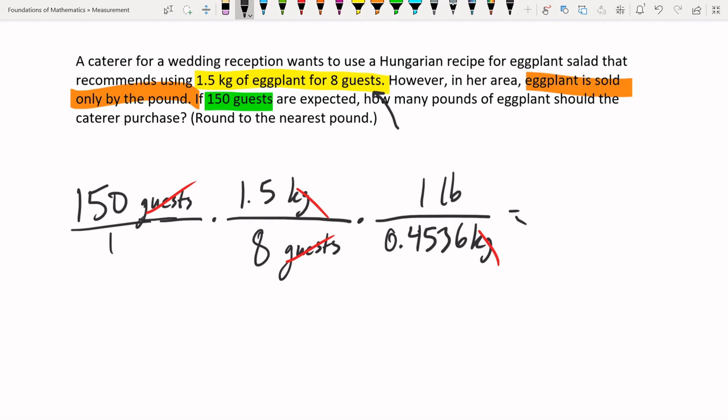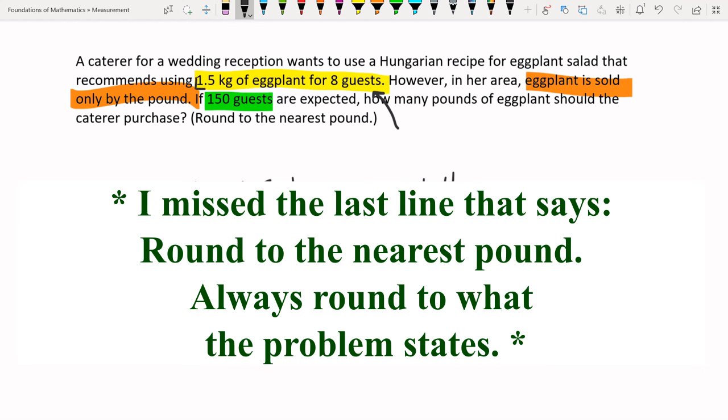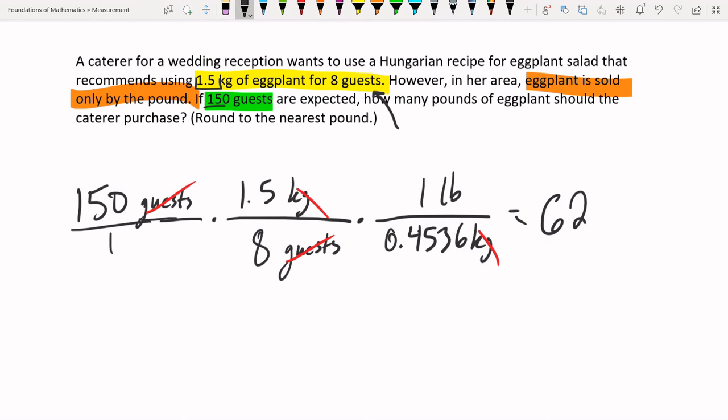So if you multiply this out, 150 times 1.5 divided by 8 and 0.4536, I'm getting 62.00. It goes further, but we only need to round to 2 places. 1.5 and 150 both have 2 significant digits, so we only need 2, which gives 62. 62 pounds of eggplant is required.